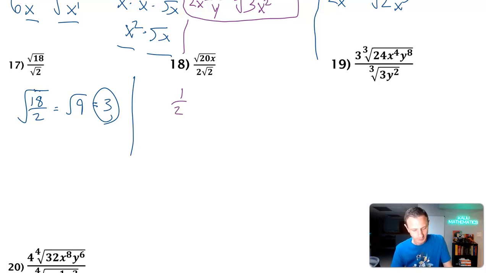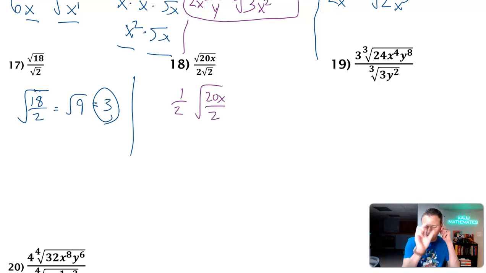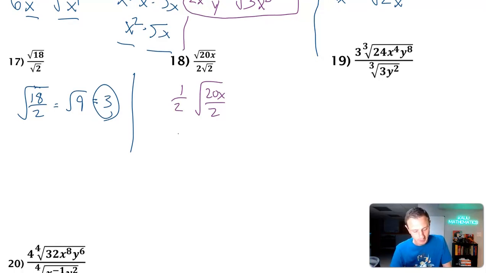So I'm taking that square root of 20, taking the square root of 2, putting that underneath one radical, and this 1/2 is coming from this 2, because this is technically a 1 over 2, like that. And then 20 divided by 2 is 10. So that would be 1/2 times the square root of 10x.